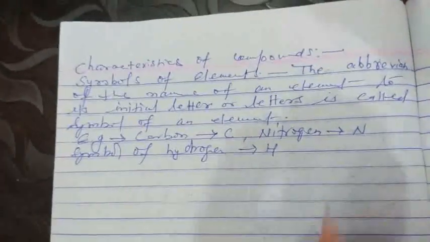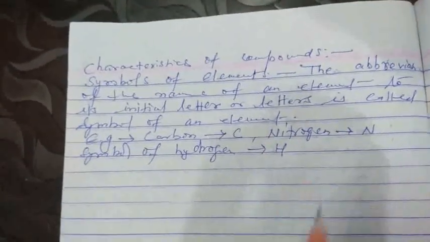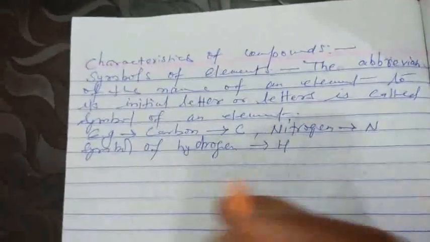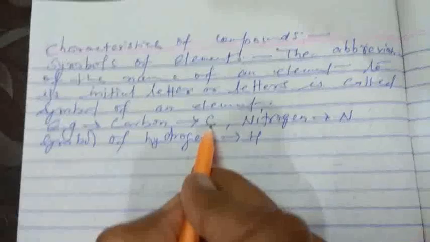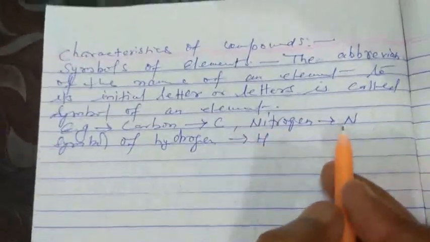Number 1: the symbol for an element is the first letter of its name. For example, hydrogen is H, carbon C, nitrogen N.